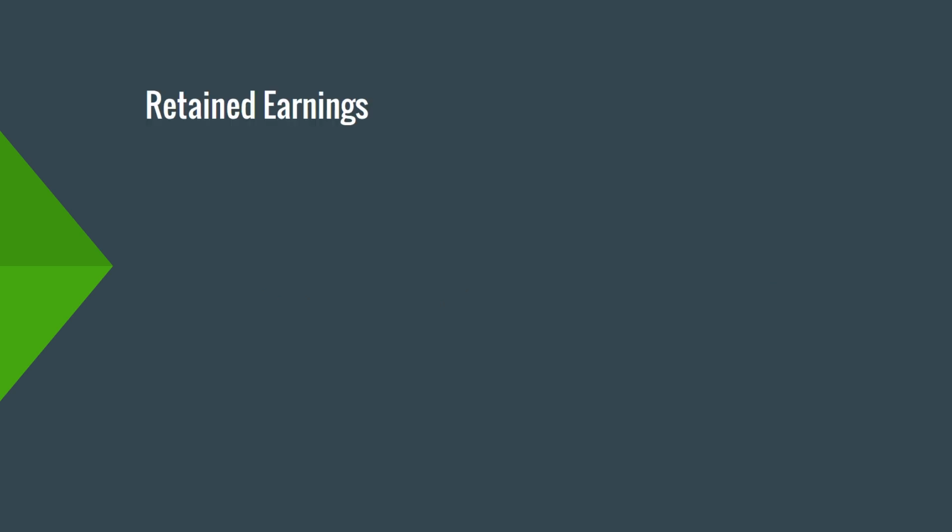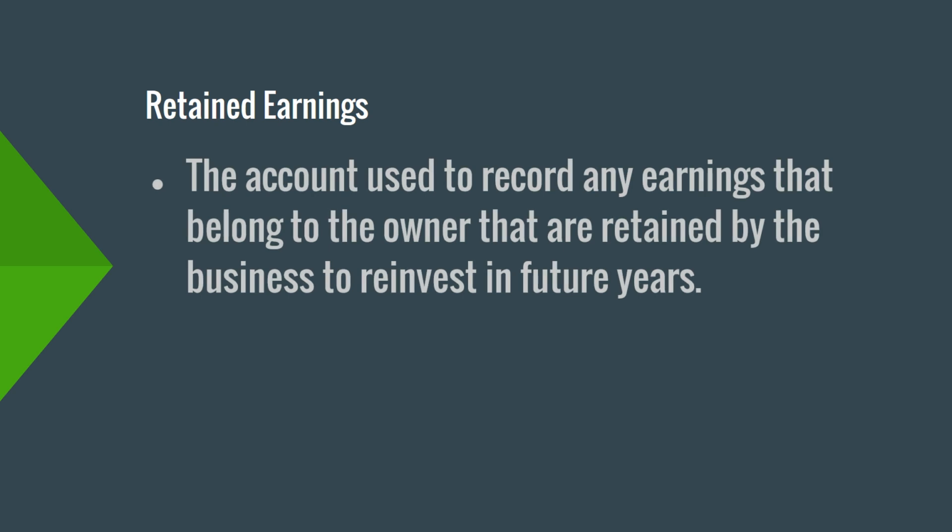The retained earnings account, as a reminder, is the account used to record any earnings that belong to the owner that are retained by the business to reinvest in future years. That's why we call it retained earnings, because they're the owner's earnings that he chooses to retain inside the business so that the business can continue to use it to reinvest into future years.